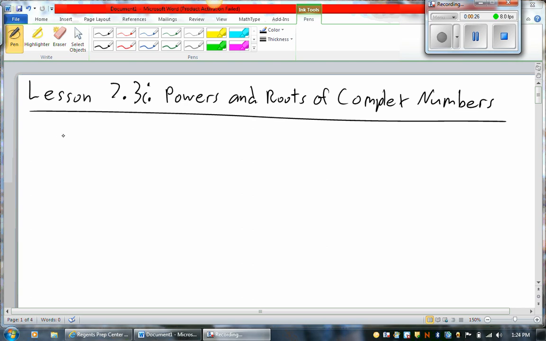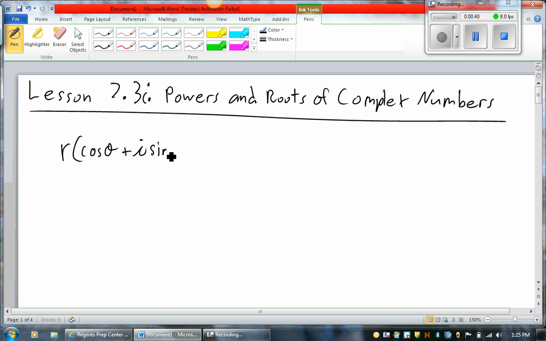So to do that, we're going to take a look. Let's say we have a complex number in trigonometric notation, r cosine theta plus i sine theta. And we're going to find the square of this number.